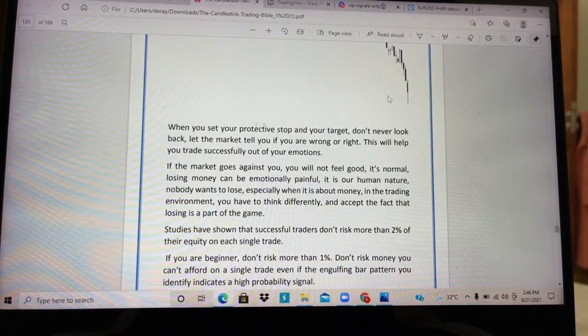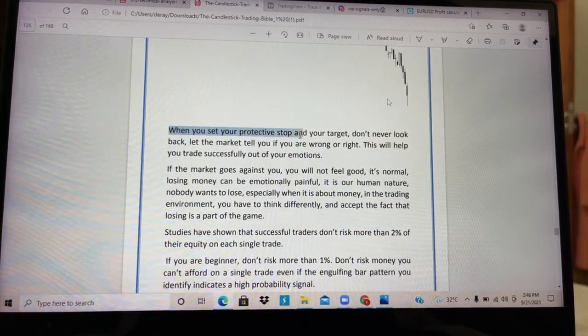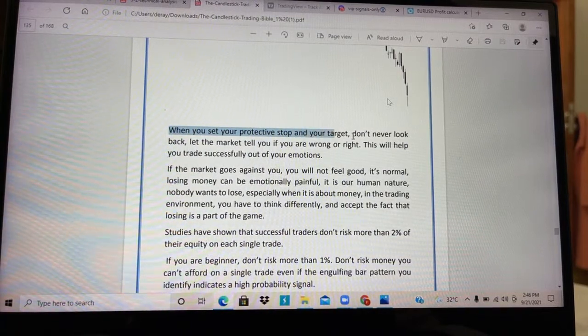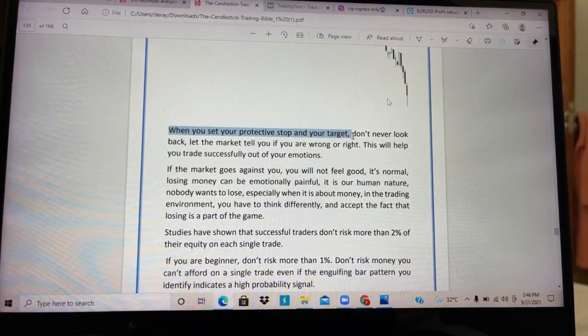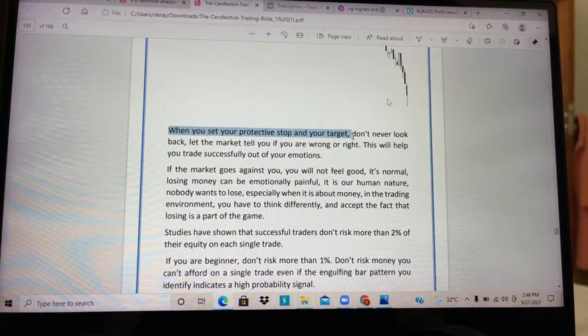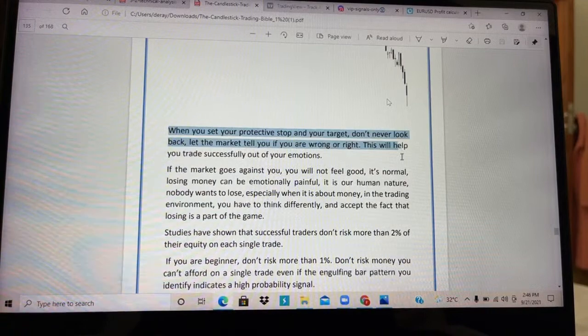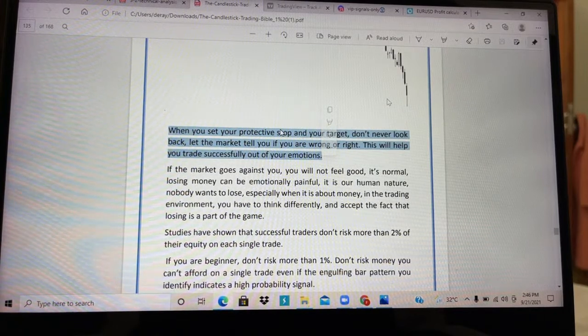All right. So as you can see, they even warn us about your protective stop target, which is your stop loss. As I said, the stop loss would have been insuring your money on your trades. Once you put your stop loss in, you can be confident, because anytime you open up your trade, you must know that you're willing to lose that money.